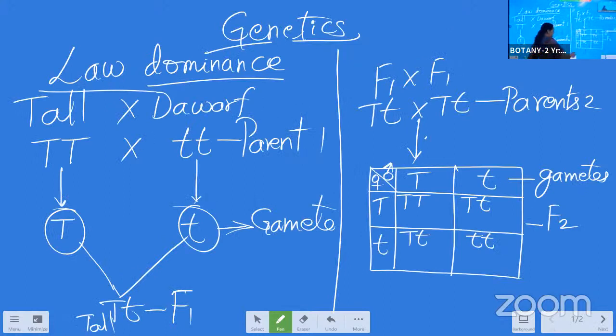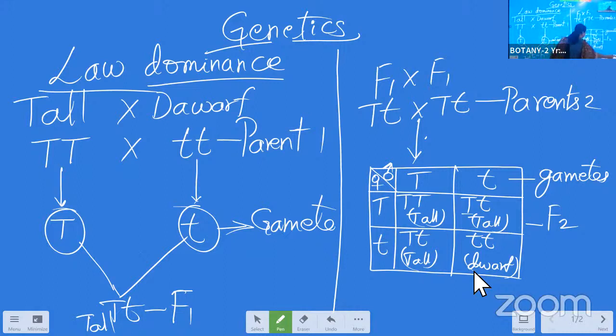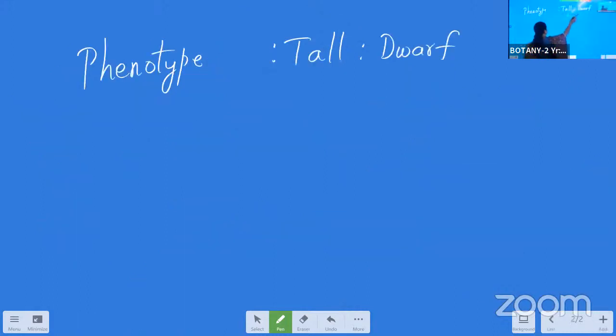In this, only tall and dwarf. This is a tall plant. This is also tall because capital T is present, dominant gene, and this is also tall, and this is dwarf. So, how many characters? Phenotype means external occurrence of an organism. So, how many characters we can see for the plant body? Only two, tall and the dwarf. That's what we said in the phenotype, tall and dwarf.